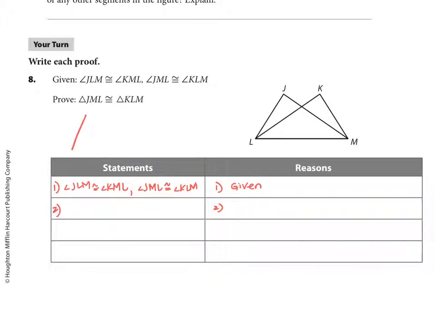And what I'm going to do is I'm going to separate this. I've done this problem before, so I kind of know what to expect. But the proof triangle JML is this triangle right here that I'm outlining in red on the picture.